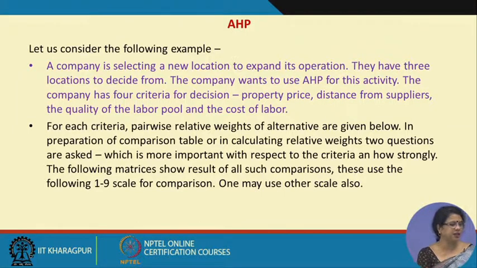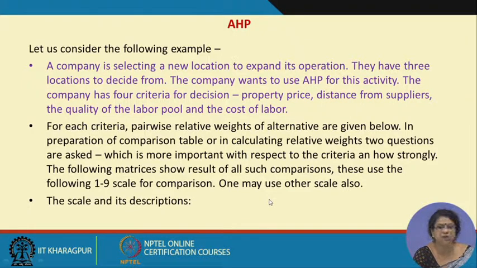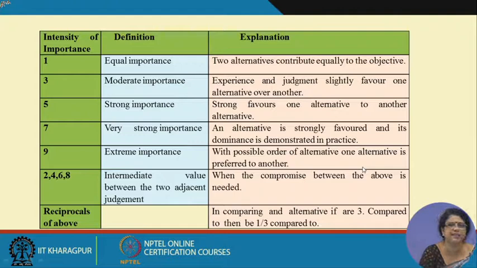Let me first explain what scale we are considering, that is the ordinal ranking from 1 to 9. I will tell you the description of the scale, just look at the scale structure. If you give one value, that means, first of all I have to say that you have to give your opinion about 3 locations.